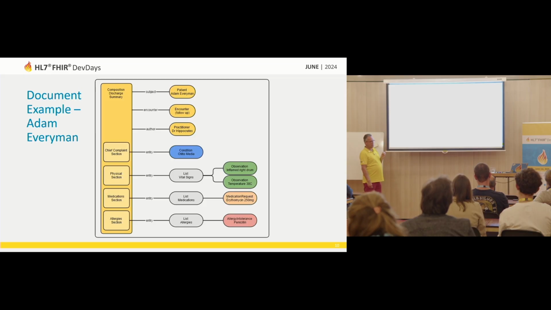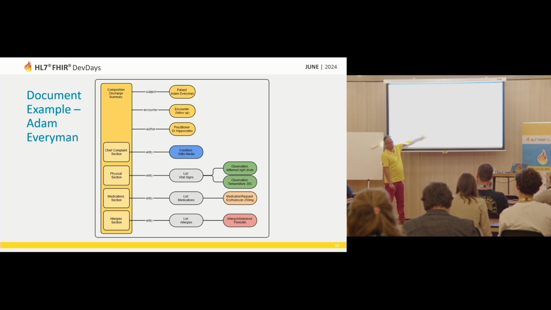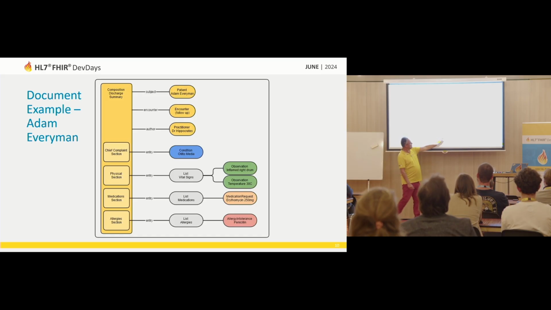So this would then be the FHIR document. It's a bundle, that's what the outermost box represents, with the composition resource, which has these section repeating structures in it with the text for chief complaint, physical, medications and allergies. Plus, here we are now reusing, we're referencing the computable expressions of that information.